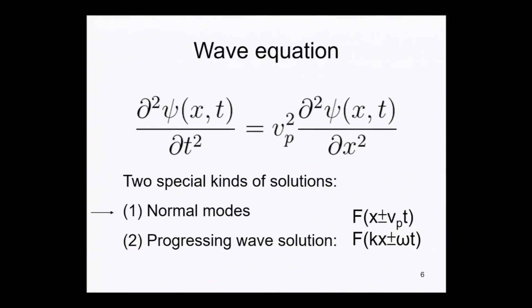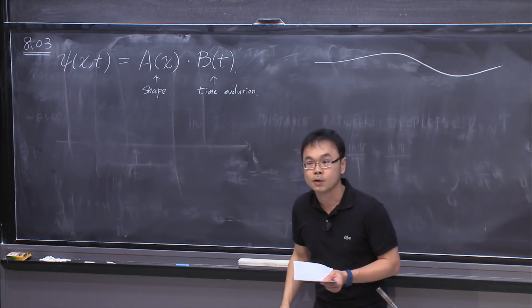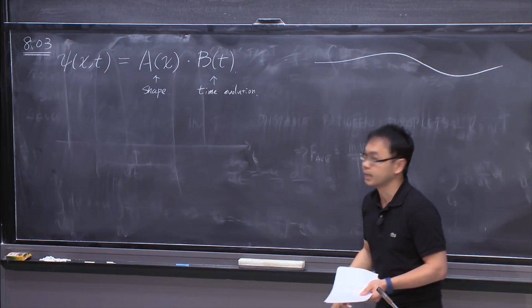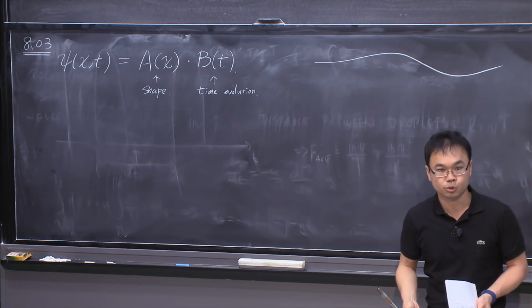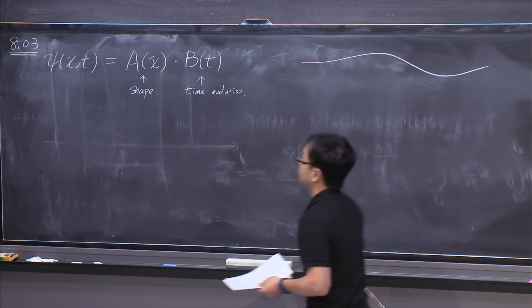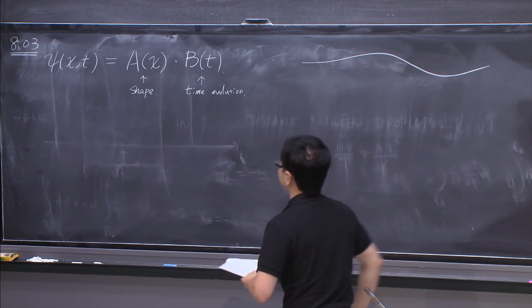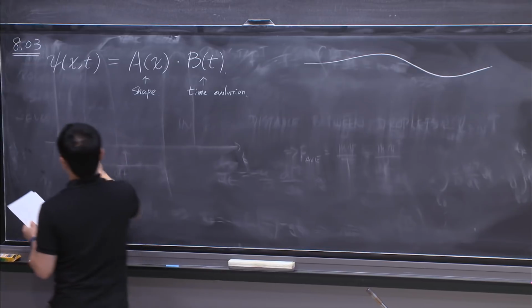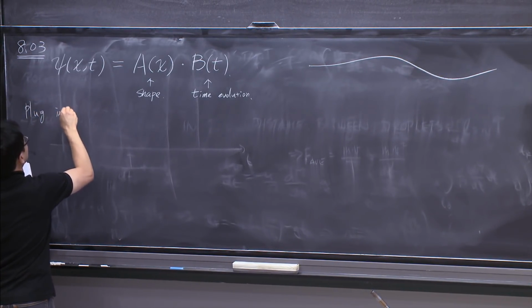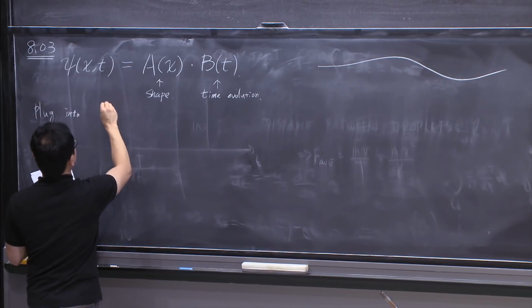Let's first assume this functional form, assuming that every component follows the same time-dependent evolution, and then plug it into the equation of motion and see what we get.